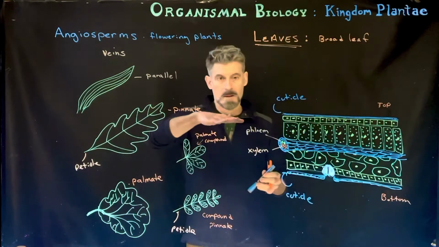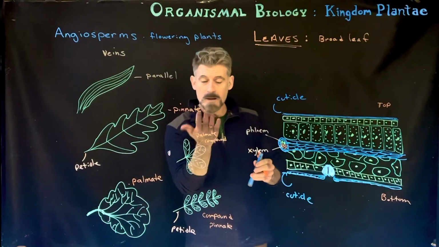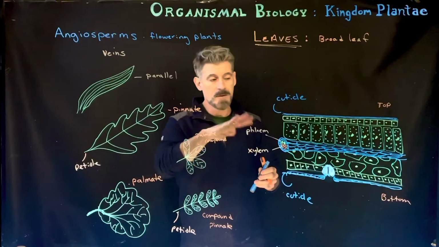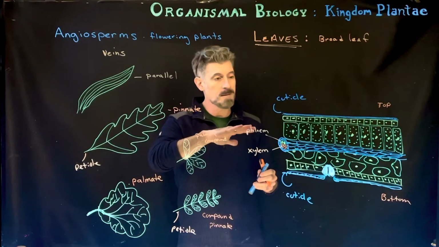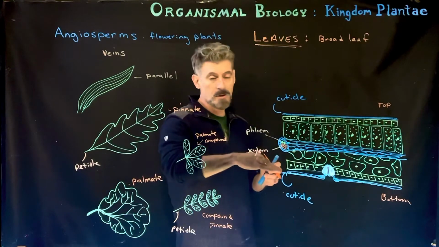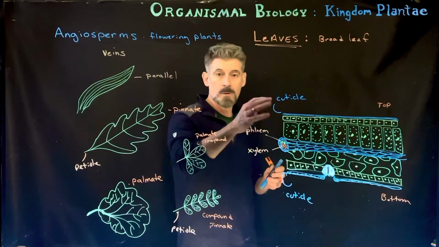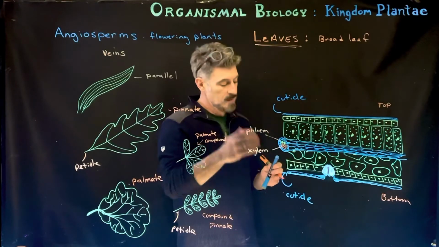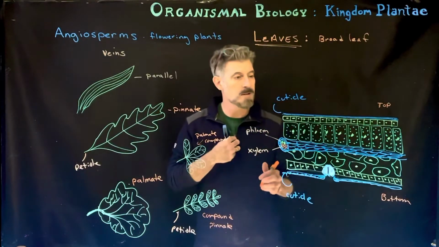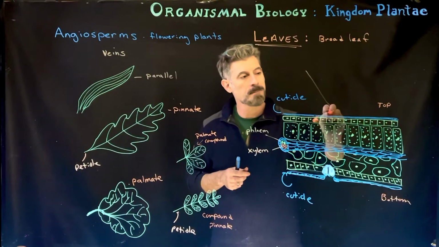If you ever look at a leaf, you'll actually see even the colorations are slightly different from one side to the other. There's some repetition in the pattern of layers, and then there are some unique differences that are more toward one side or the other. That's what you need to take away from this. The top side is usually the side where the light is hitting it.